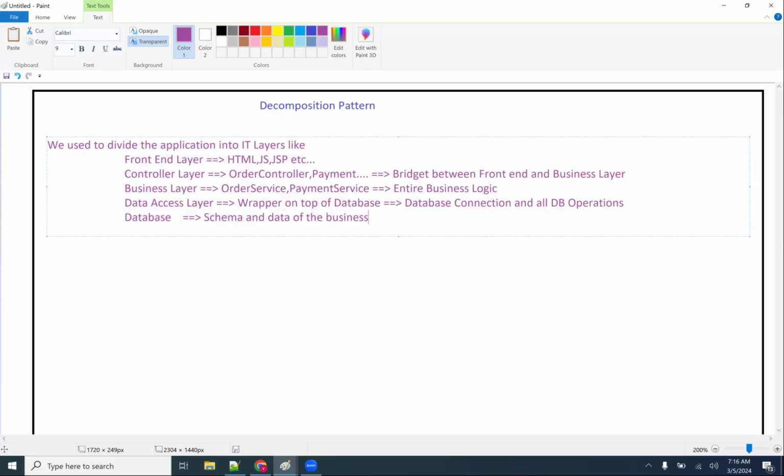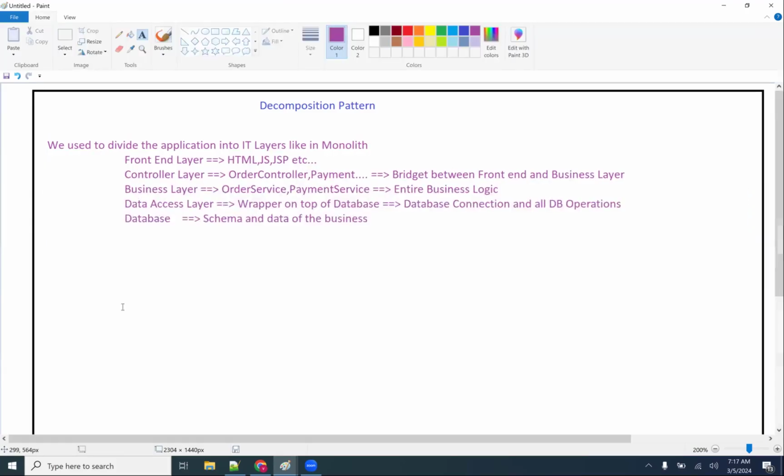This is also a decomposition. Correct, right? Yes or no, guys? This is also part of decomposition. But this is especially in a monolithic application. In a monolith.